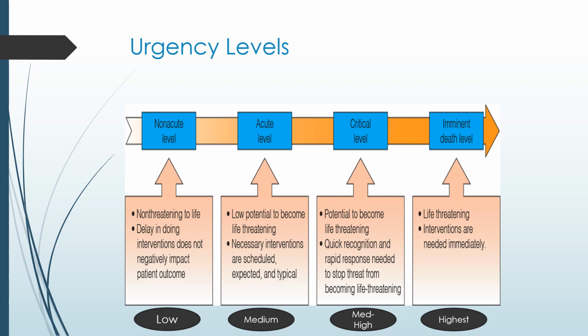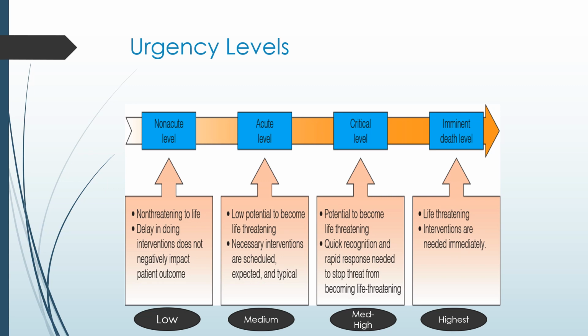Then you have the acute level. It's a medium priority. So I put that down there so you can see low, medium, high, in between that critical level, and then that imminent level that can result in death. The acute level is your medium level. It's low potential to become life-threatening. Necessary interventions are scheduled and expected.